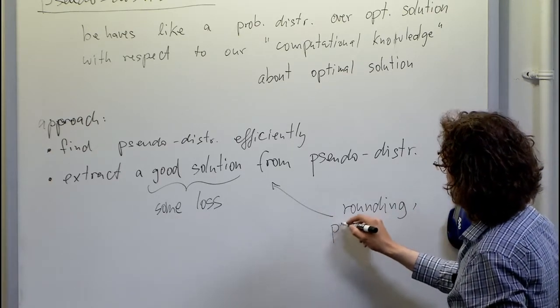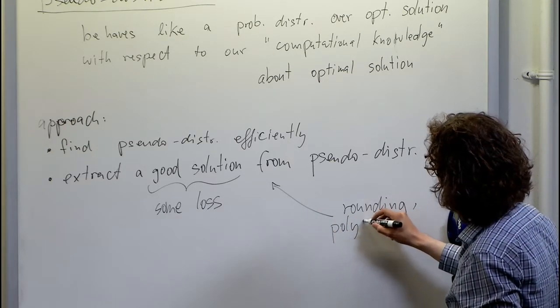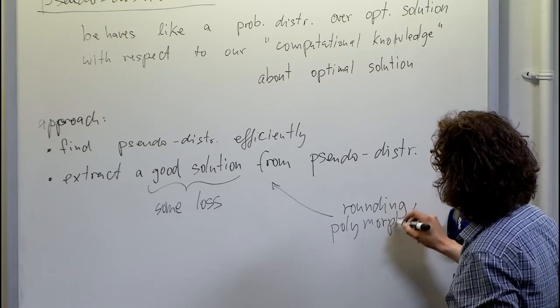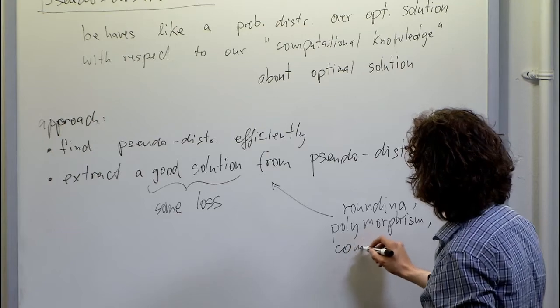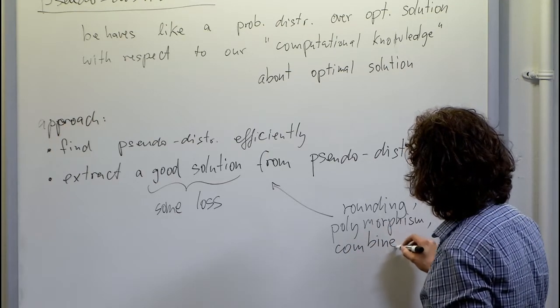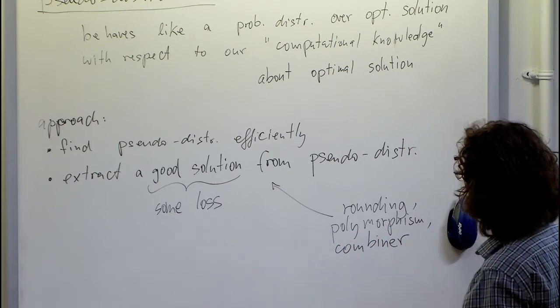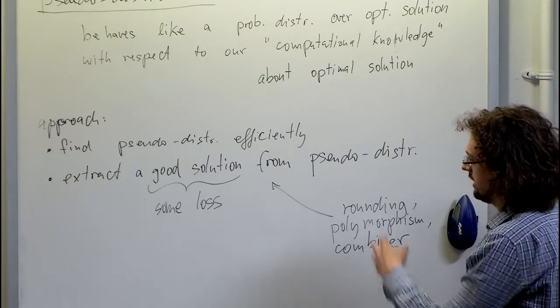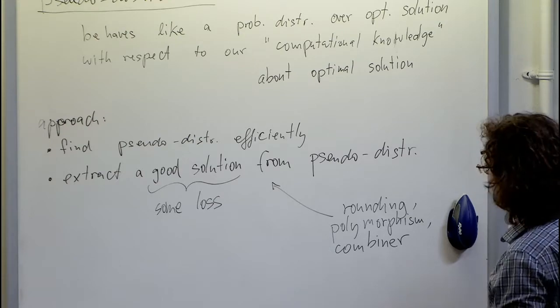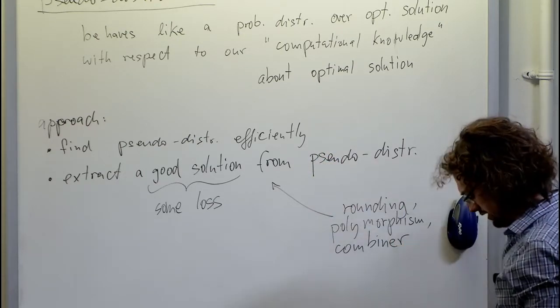Another way is related to polymorphisms, and we sometimes call it combining. And it will be clearer in later lectures how to think about this process.